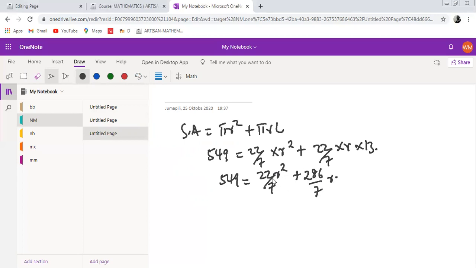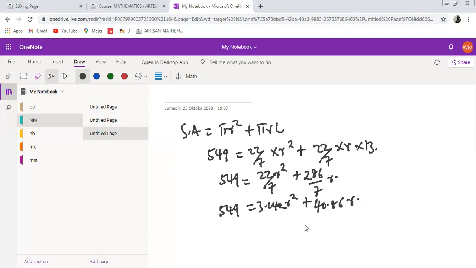So if we divide 22 over 7, we have that 549 is equal to 3.142 r squared plus 286 divided by 7, which gives us 40.86 r.